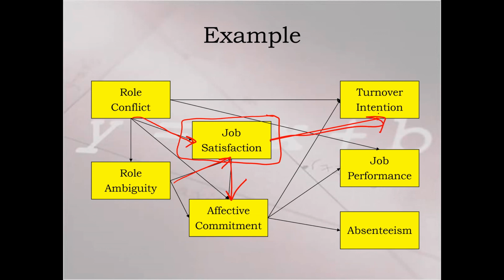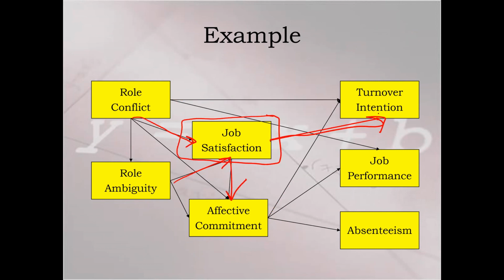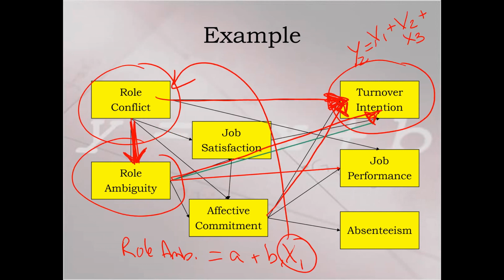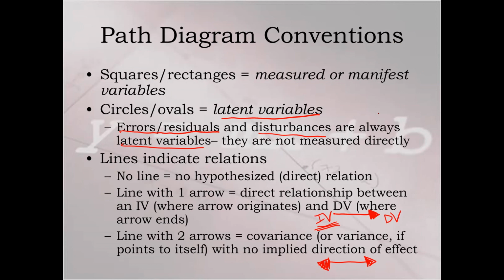So these variables in the middle that are both endogenous and exogenous are actually considered endogenous because they have at least one arrow pointing to them. But that's why I don't use the term exogenous when I'm talking here about the origin of a straight arrow. I'm just saying, well, it's a predictor of some other variable.